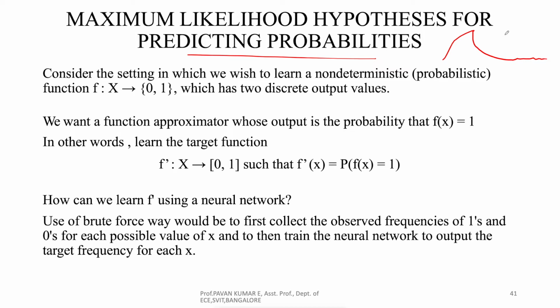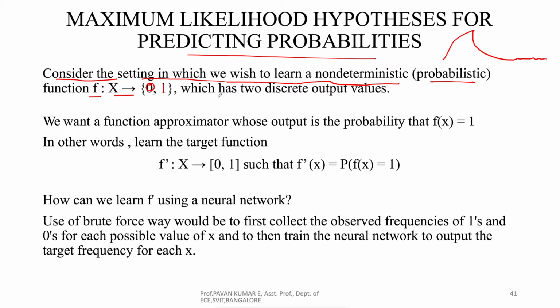Let's see in theory what they have given. Consider the setting in which we wish to learn a non-deterministic, that is probabilistic function f, which leads to the output of either 0 or 1.